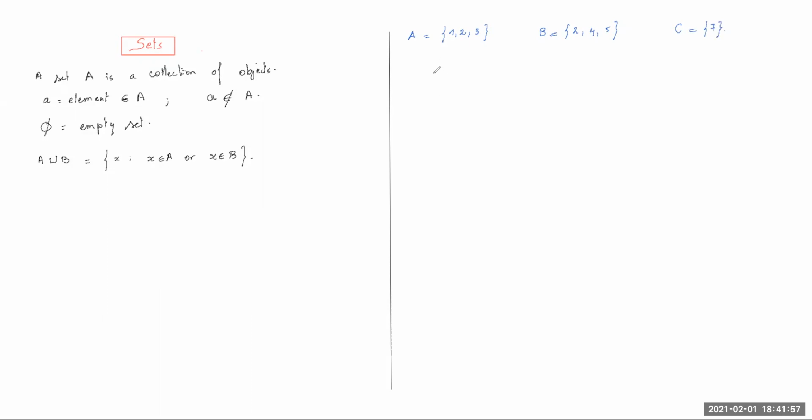Then A union B will be the elements that are in A or elements that are in B. So elements that are in A are 1, 2, and 3. Now elements that are in B: there is 2, but I already put it here, so no need to repeat it. Then there is 4, which is in B but not in A, so I need to include it in the whole set. So I will have 4 and 5.